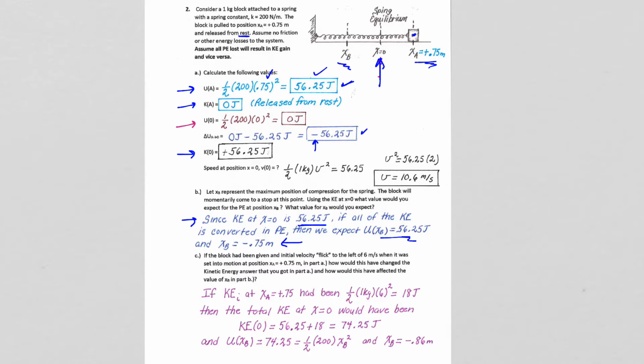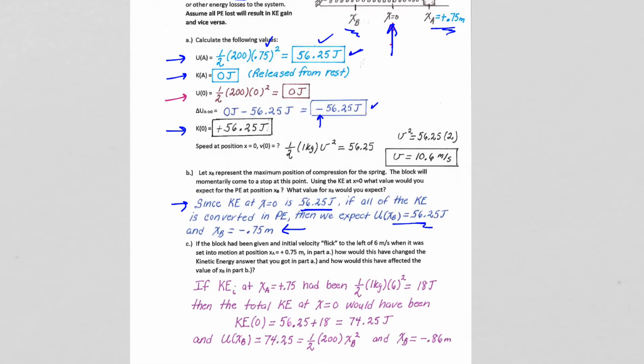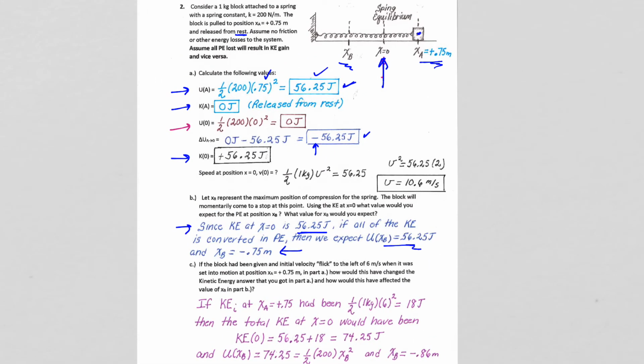Now, this last bit is important. If we took the object and did not release it from rest, let's say we gave it some kinetic energy. So if the kinetic energy had been 18 joules, so let's say we gave it a speed of 6 meters per second when we put it down at position A, right?